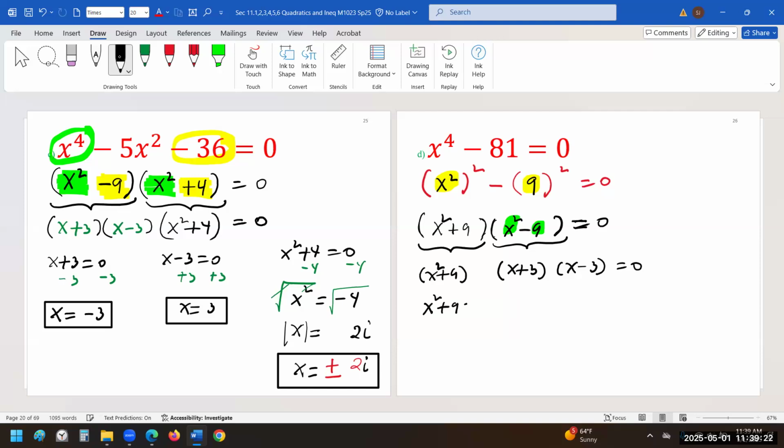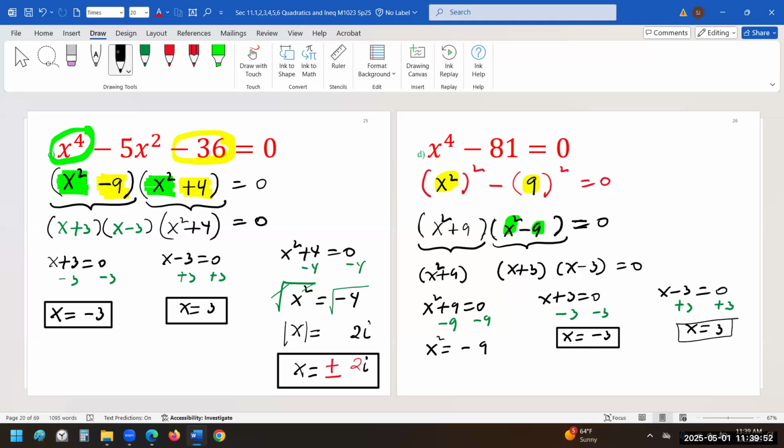So x squared plus 9 equals 0. x plus 3 equals 0. x minus 3 equals 0. Subtract 9, subtract 3, add 3. So x squared is minus 9, x is negative 3, which is done, x is positive 3, which is also done.